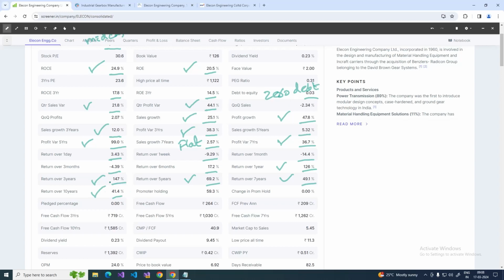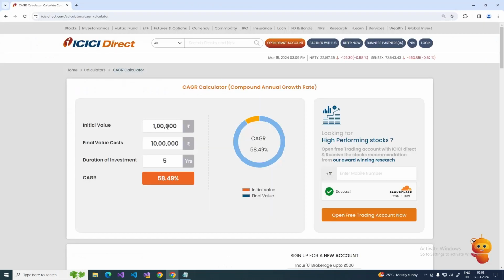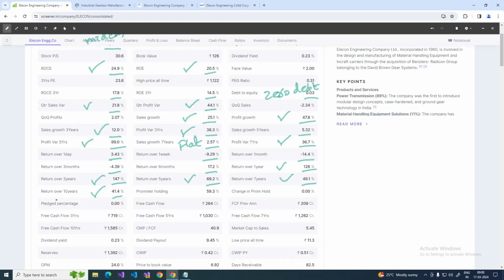Now we'll see if we invested 1 lakh rupees in Elecon Engineering, how much we'll get after 10 years. CAGR calculator. Here 1 lakh invested, for 10 years. If you see, returns over 10 years 41.4%.